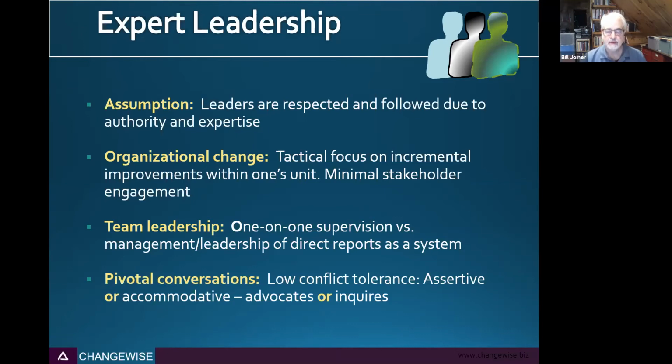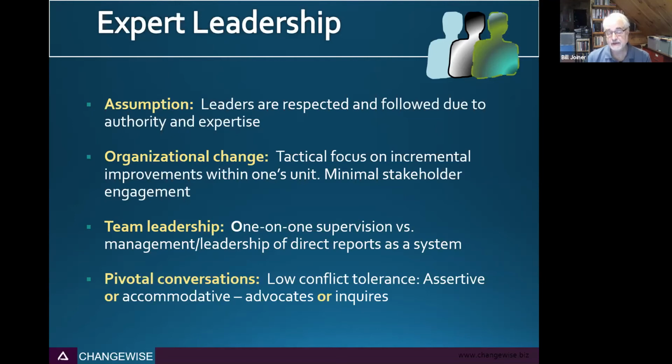The key here is that it tends to be very either-or and somewhat extreme in the approaches. They flip back and forth between the two, but it's kind of a polarity as opposed to an integrated approach to pivotal conversations. So that's the expert approach.